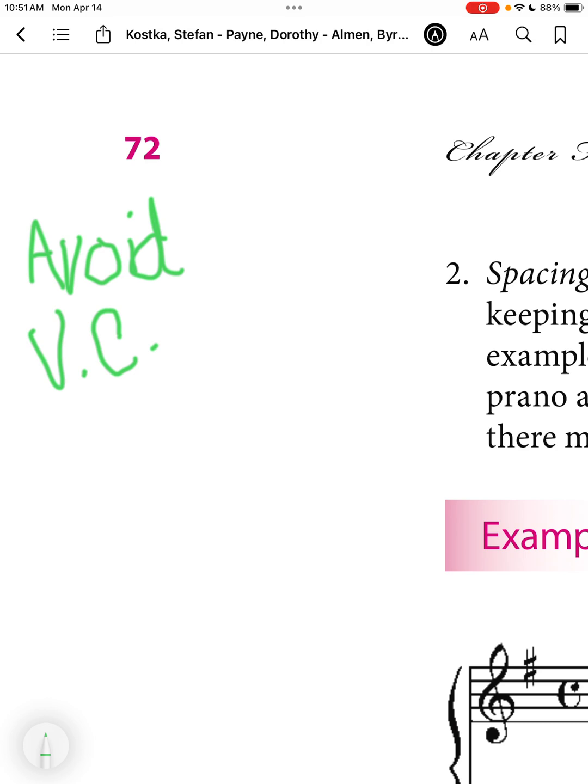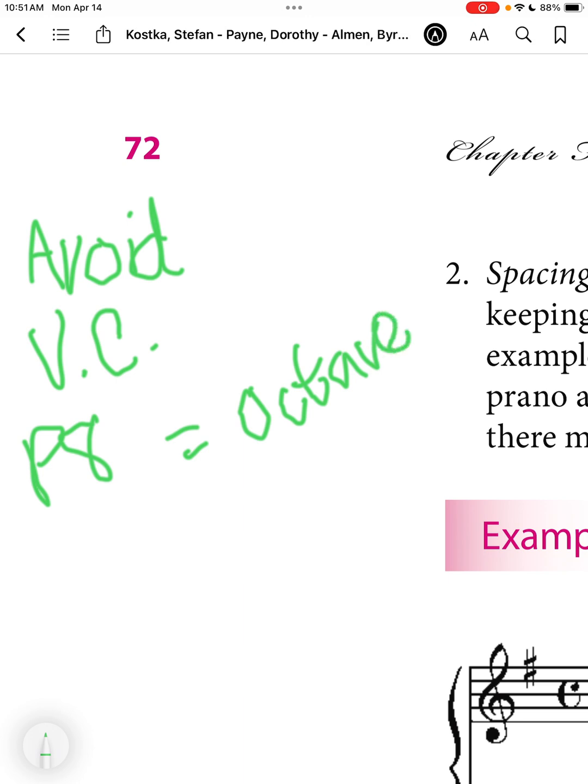You don't want one voice to go above another. That's voice crossing. You want to avoid parallel perfect octaves, octave to octave. If you have parallel perfect fifths, you want to avoid that too, so that's a no-no.